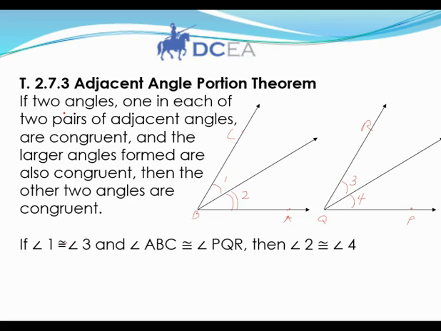Then the other two angles are congruent. So 2 and 4 are also congruent. This is the same drawing that we just used. So there are many different theorems that you can get from just one drawing.